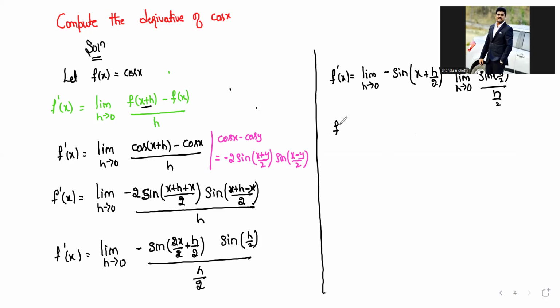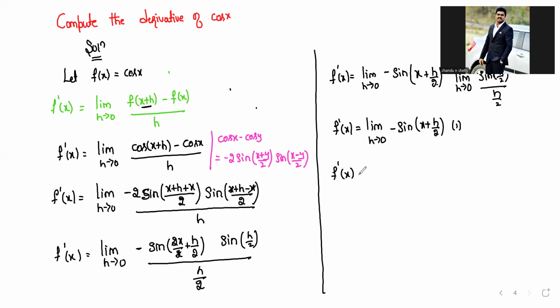Now f dash of x equals limit h tending to 0, minus sin of (x plus h by 2), and this whole thing is 1 according to the sandwich theorem.